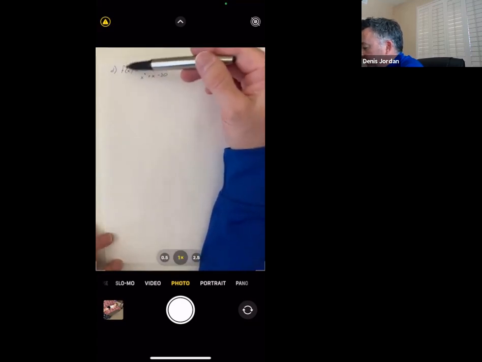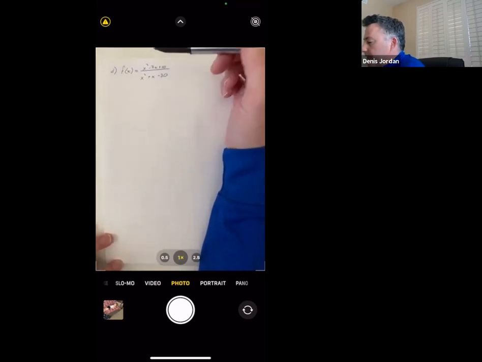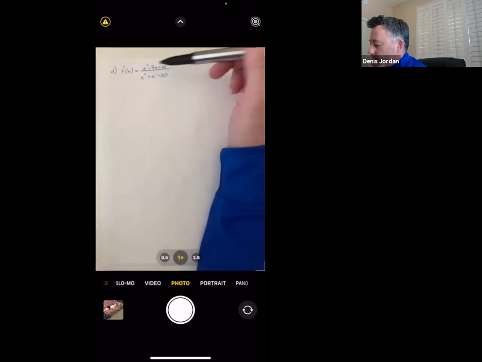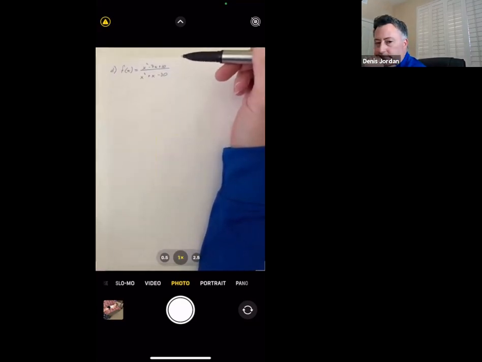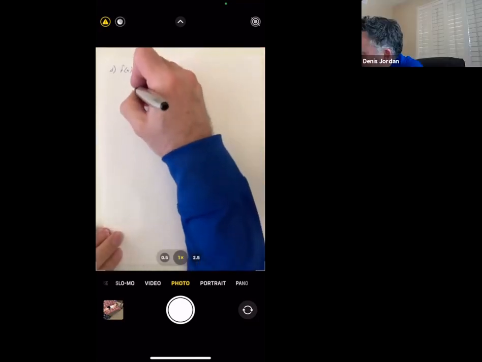So here you've got another rational function. But before you really start talking about the continuity, what should you do? You should factor. Yep, factor it out.